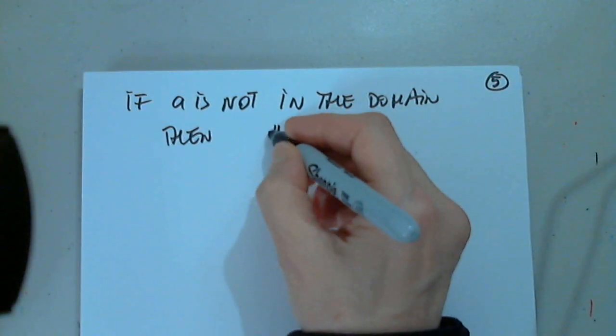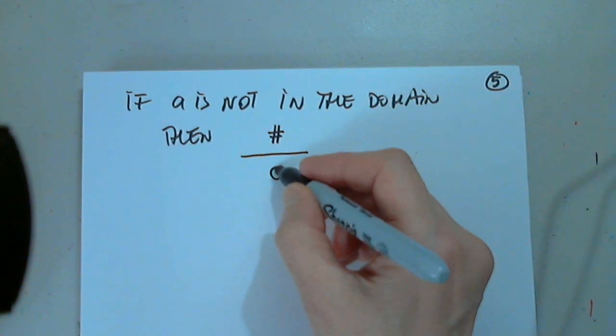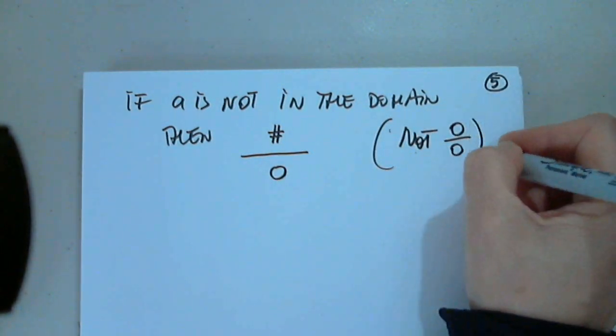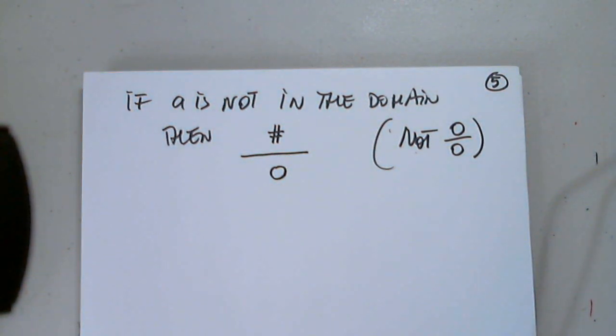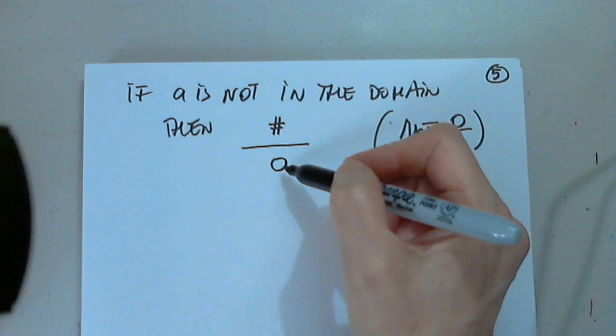What will happen if a is not in the domain? I will get a number over 0, not 0 over 0. I'm not discussing 0 over 0. I'm discussing a number over 0.